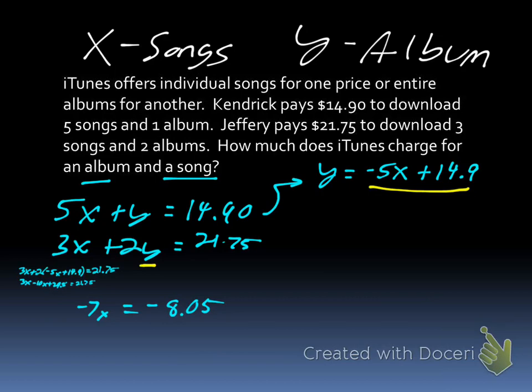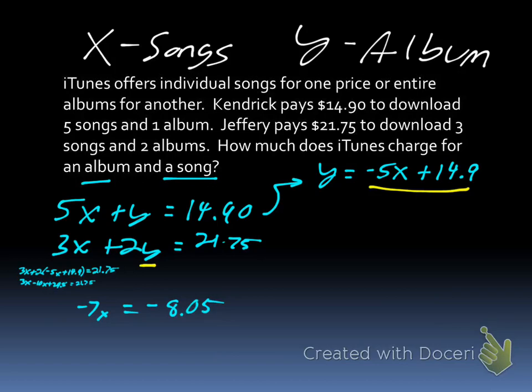Now, realize what you're working with. You are working with real life things. Can you have a negative amount of songs? No. You can't say, I bought negative 5 songs yesterday. It's not a thing.